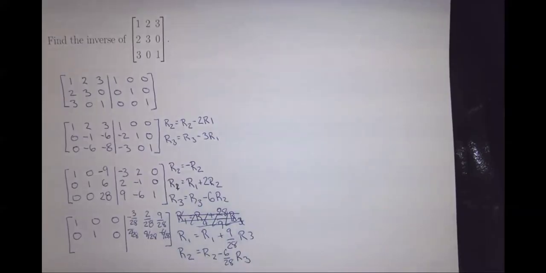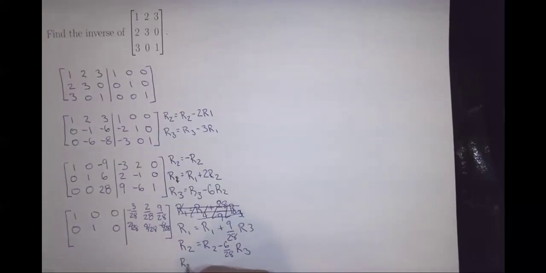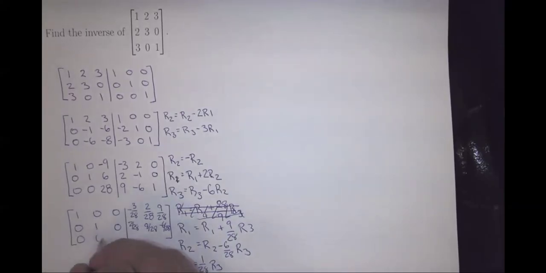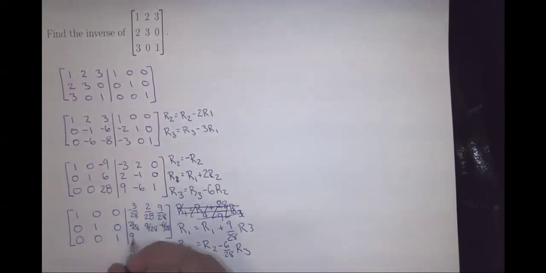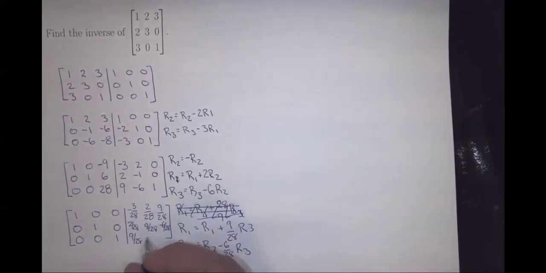Made that a little squishy. And then row 3 is going to be 1 over 28, row 3. So 0, 0, 1, 9 over 28, negative 6 over 28, and 1 over 28.